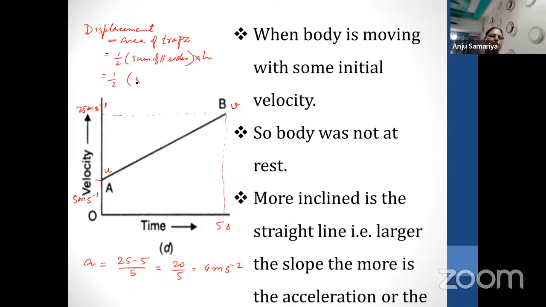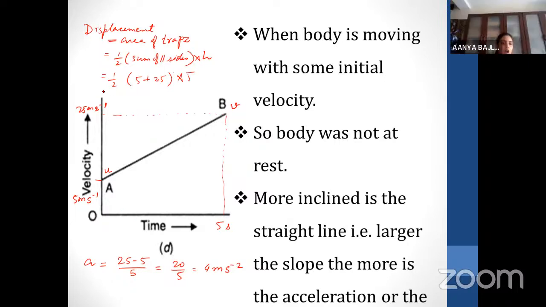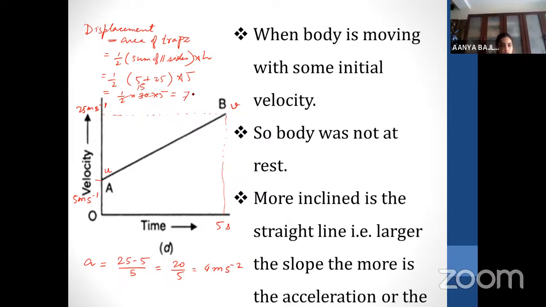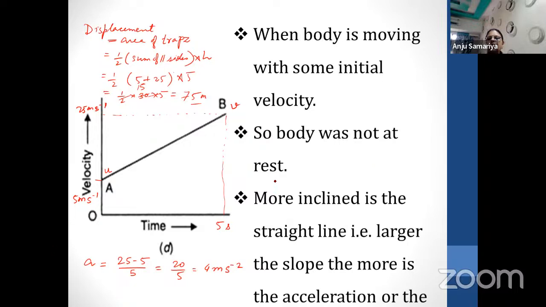So half into 5 plus 25, and the height is 5. Very good. Correct? So this graph tells us the body is having some initial velocity, so the body was not at rest.